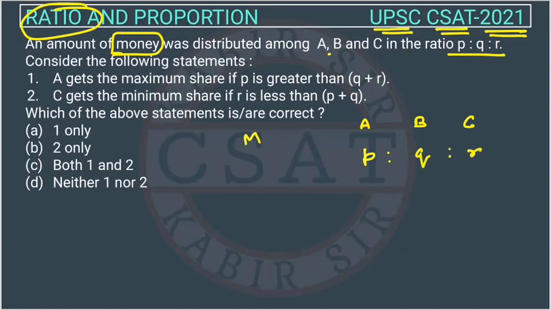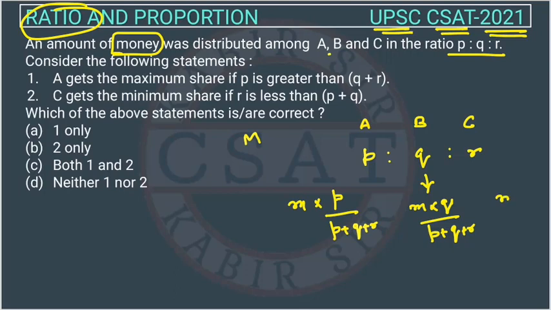Right? So we know the portion of money of A will be how much? So it will be M into P upon P plus Q plus R, right? And how much will B get? B will get M into Q upon P plus Q plus R, and C will get how much?